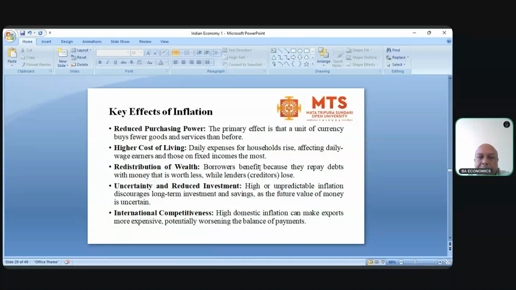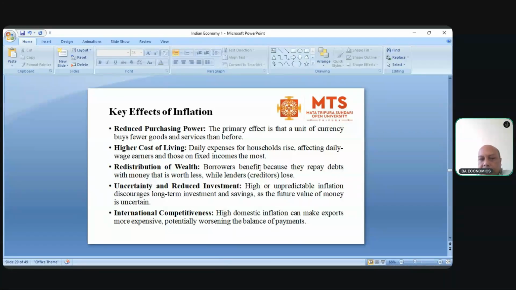So in this case, the purchasing power of people will decline. Those people whose income does not increase during inflation, or you can say fixed income class people, will be bigger losers during inflation because their income does not increase, only the price of goods increases.